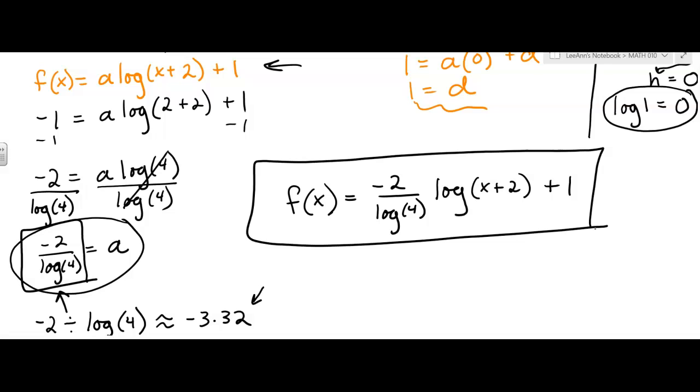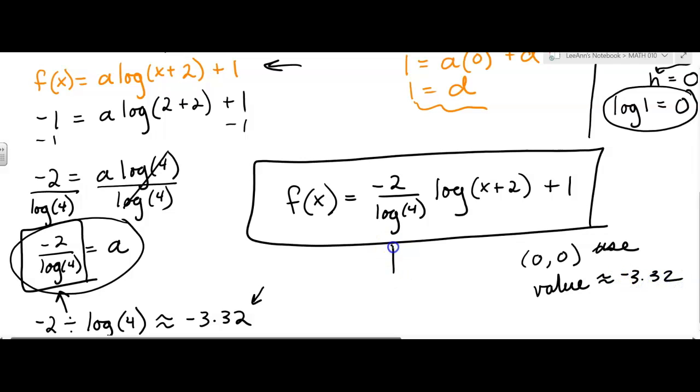Now, let's see. I did use 0, 0 when I was finding a, and it turns out to be the same thing. When you use that, you get the same. It looks a little different, but the value is still about negative 3.32.